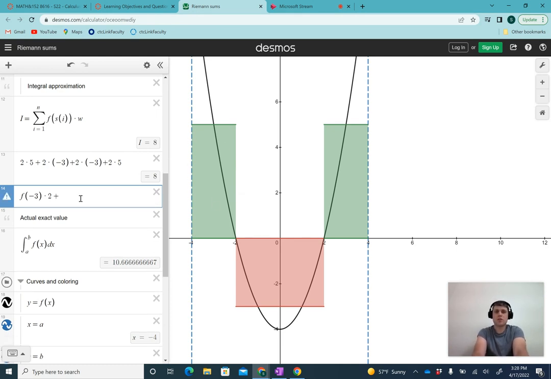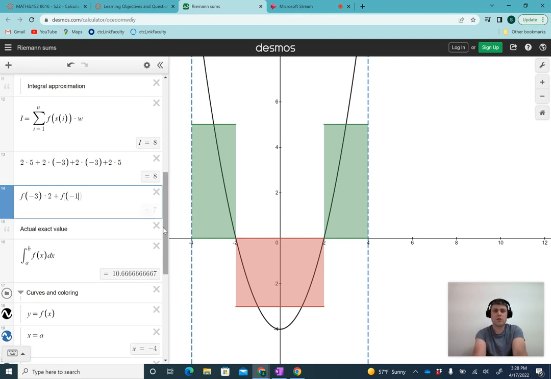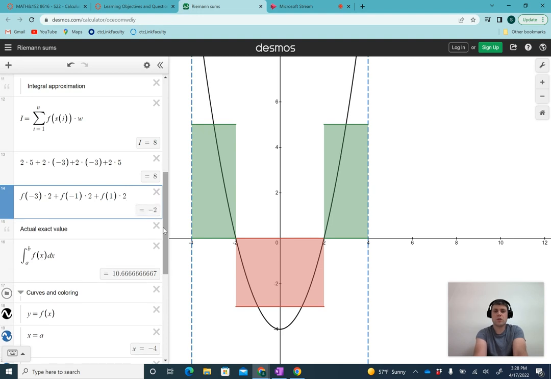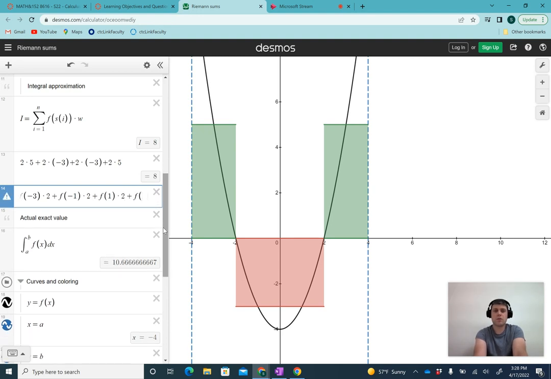And then for the second rectangle, what do we plug into the function? We plug in -1, the midpoint between -2 and 0. So f of -1 times 2, plus another rectangle, f of 1 times 2, and lastly f of 3 times 2.